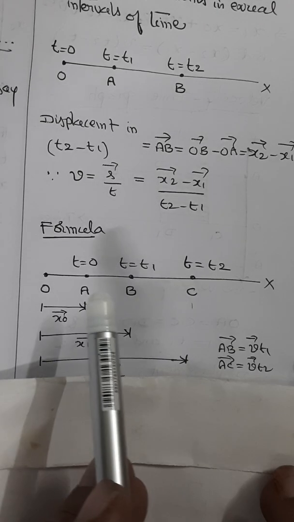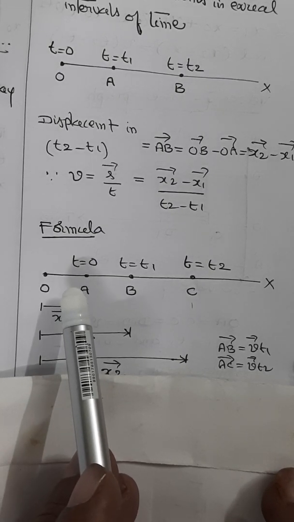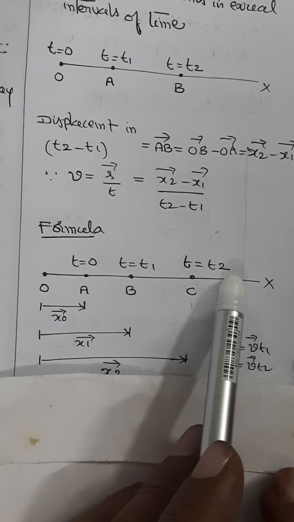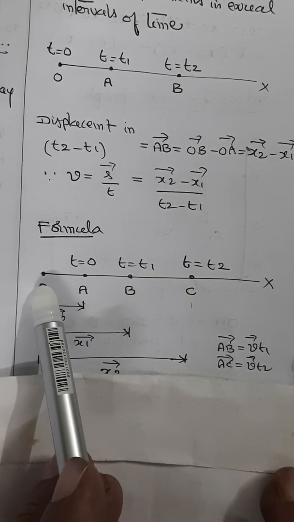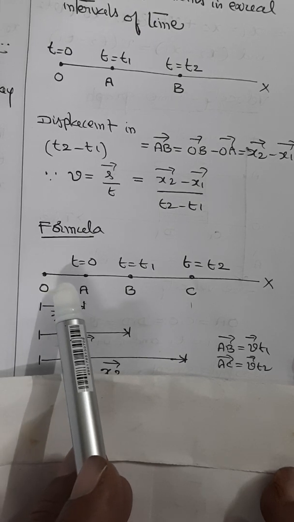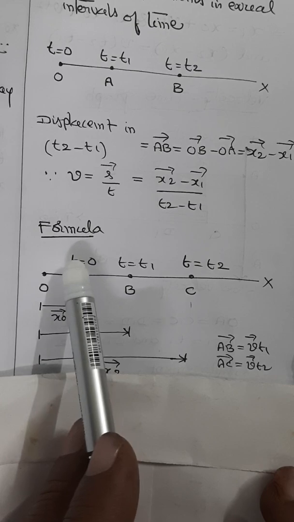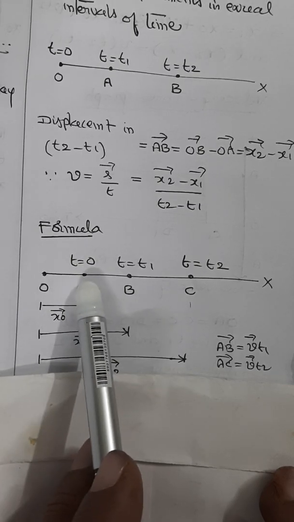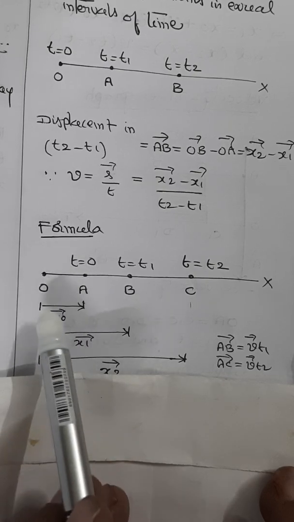For that, consider an object moving with a uniform velocity v along the straight line OX. Let the origin of the position measurement be at the point O and the origin for time measurement be taken at that instant. When the object is at A, such that vector OA is x0.